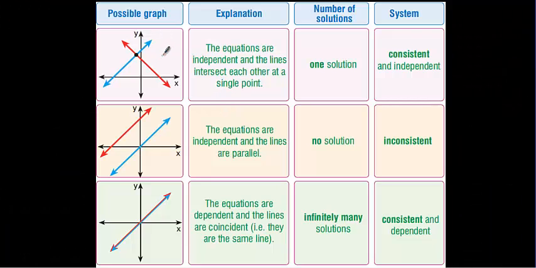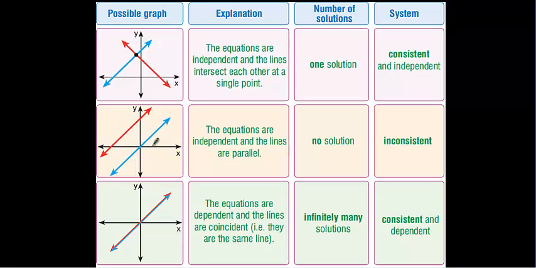Now I'm going to explain here the possible positions of the lines in the plane. Here the lines will intersect like this. There will be two distinct lines, and there is one intersection point. So there is one solution, and as a system it is called consistent and independent.